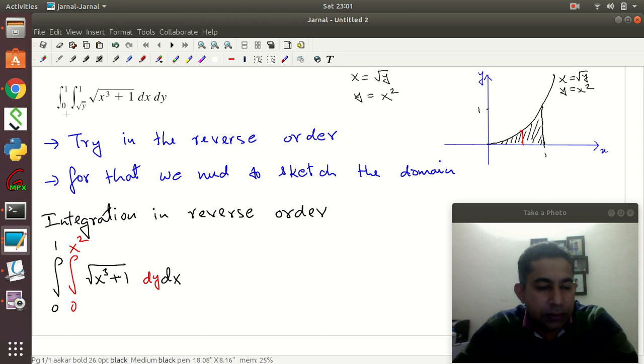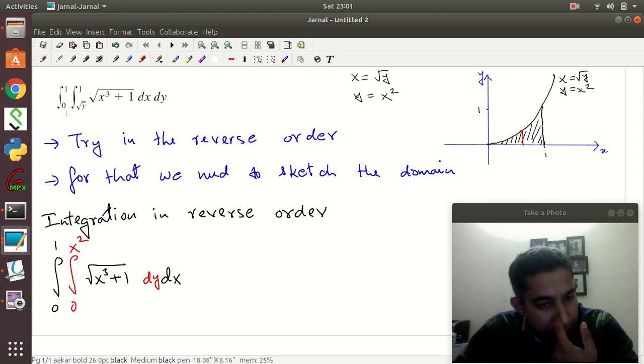And this is doable because once we are doing this, the inner integration is a function of x, but we are integrating with respect to y. So root x cube plus 1 is just a constant with respect to y.